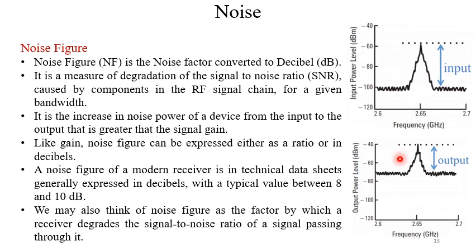But at the output side, as you can see, the signal power is almost minus 60 dBm. So in the receiver you can amplify it, so the signal power becomes minus 40 dBm, enhanced by nearly 20 dB.